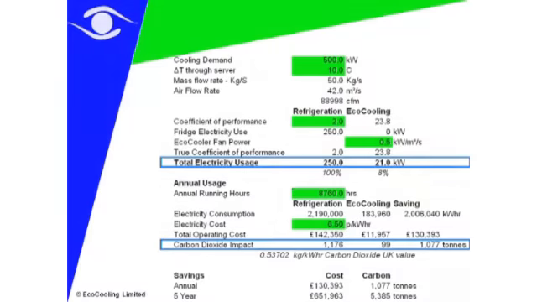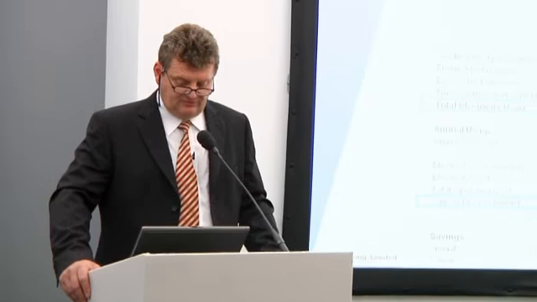The eco-cooling system would require less than 200,000. And at 6.5 pence a kilowatt hour, their annual running costs for the CREC system would be 140,000 compared to just over 10,000 for an eco-cooling system, with a potential environmental benefit of saving over 1,000 tons of carbon as well. Big numbers.